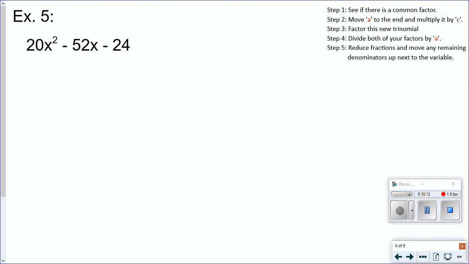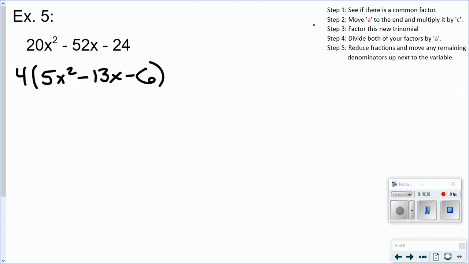So if I divide each of these by 4, what I'm going to end up with is 4 times 5x squared minus 13x minus, whoops, not 8. Yes, I do make mistakes.